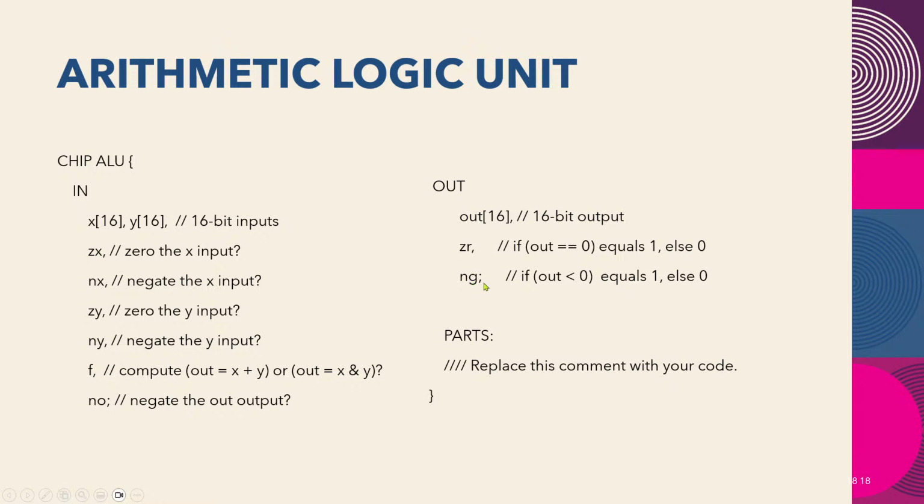Otherwise, ng will be a 0. In other words, ng is going to be the same value as the highest bit of the output. And so with that understanding of your inputs and outputs and what the logic is supposed to do within the ALU, you are to determine what parts are needed and the connections that are needed and go from there.